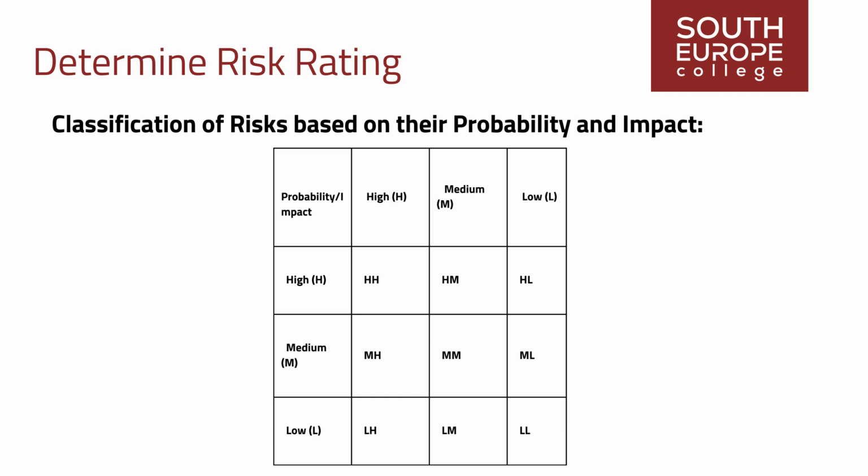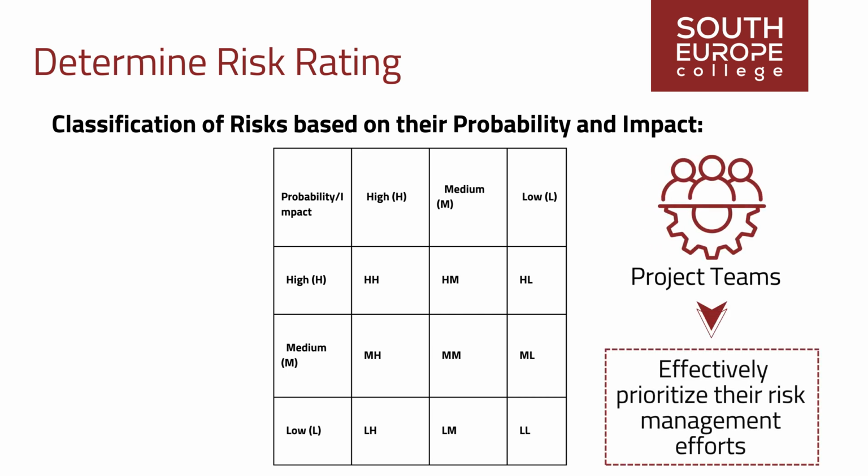This table provides a clear visual representation of how the probability and impact of risks intersect to determine their priority level. By systematically evaluating risks in this manner, project teams can effectively prioritize their risk management efforts, ensuring that resources are allocated where they are most needed to mitigate potential threats and safeguard project success.